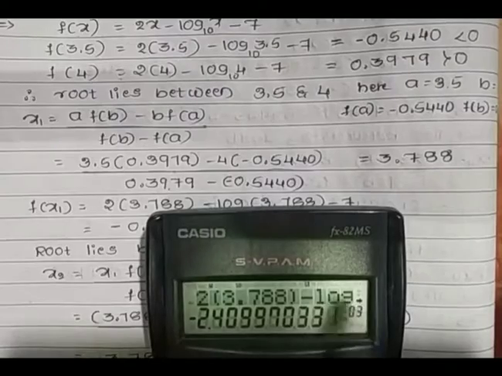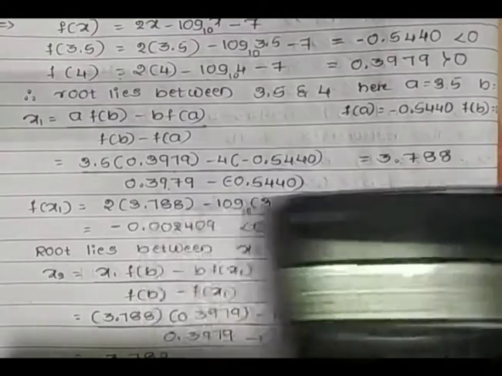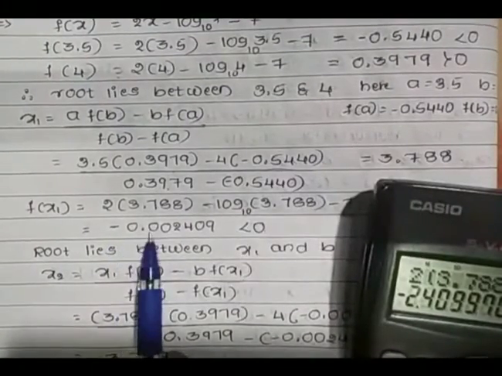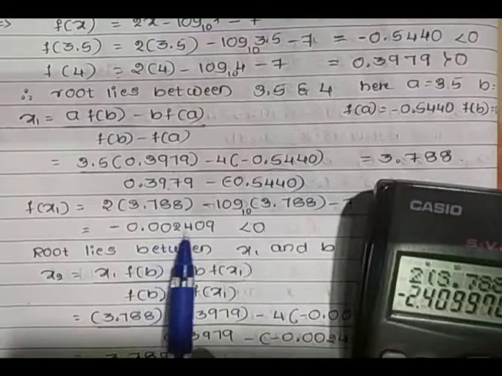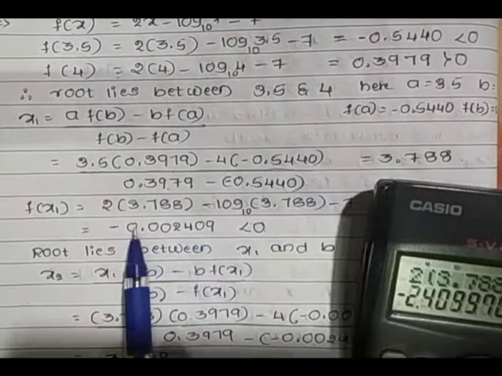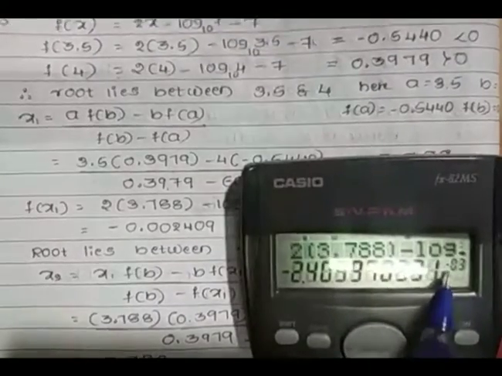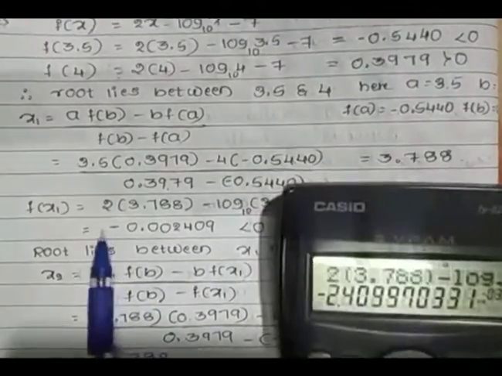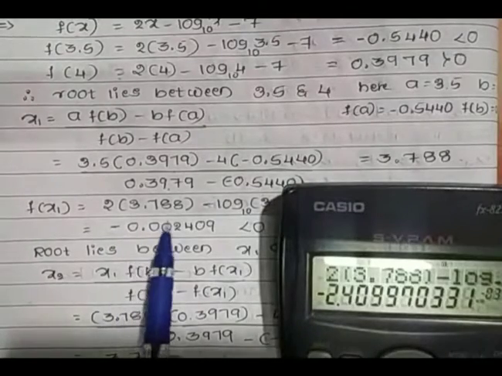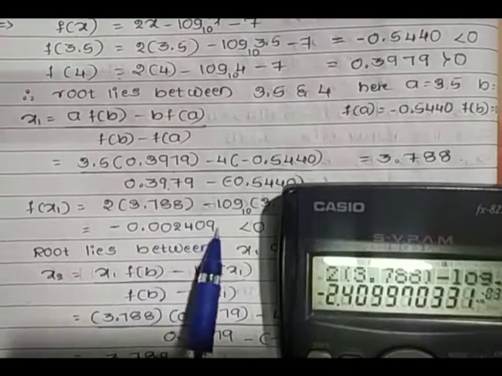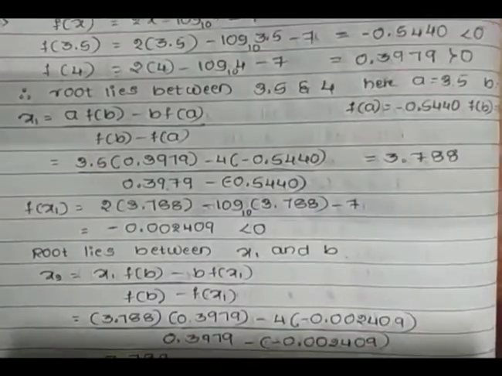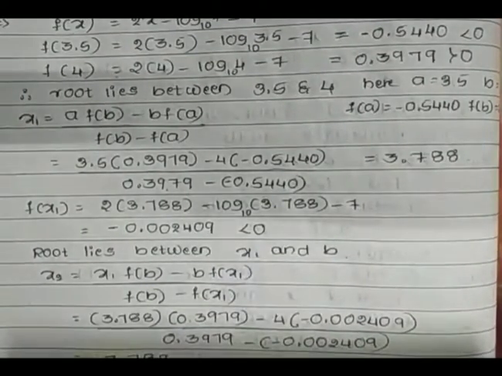So 10 raised to minus 3 is there, means we can write it as minus of 0.002409. Therefore we have to consider minus of 0.002409. As the negative sign is there, this is less than 0.